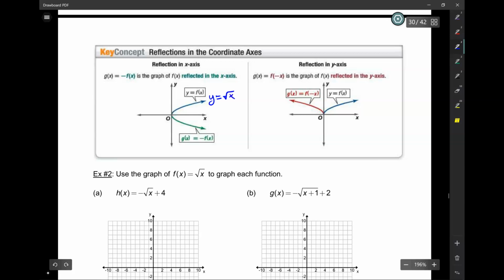So if this is root x, then this will be g of x is equal to negative root x. Okay?